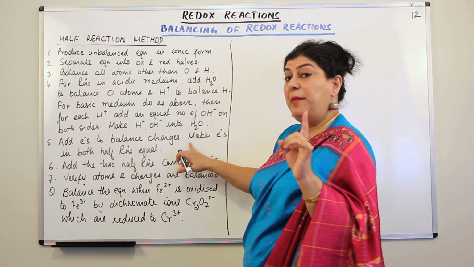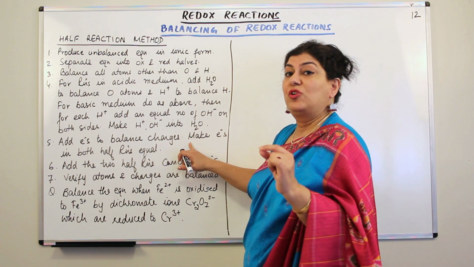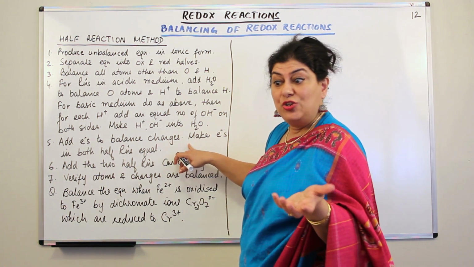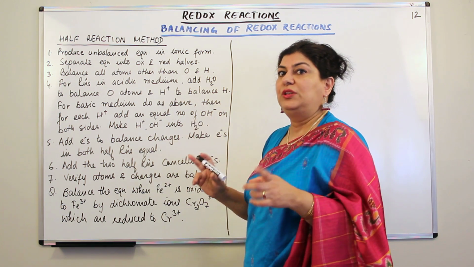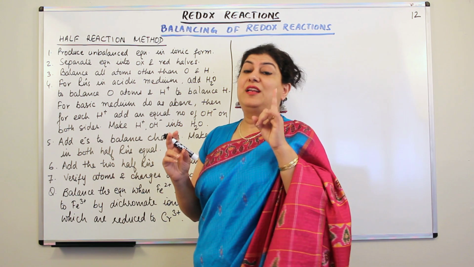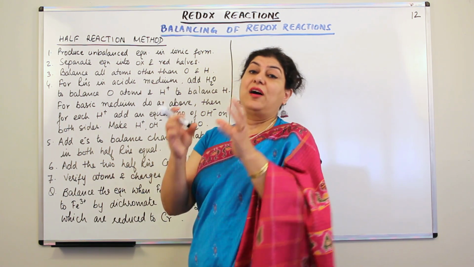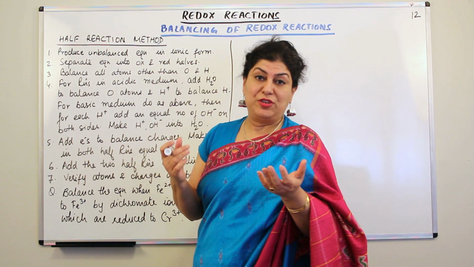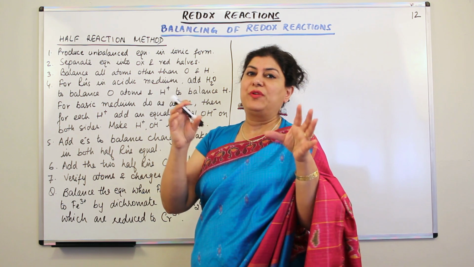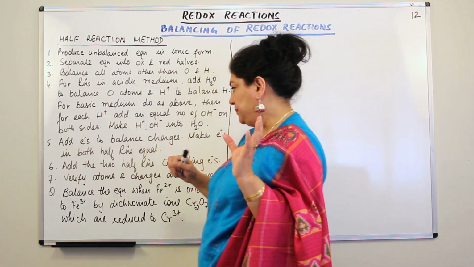Now, remember, in reduction and oxidation, the number of electrons lost should always be equal to the number of electrons gained. So the electrons in both the half reactions, whatever is getting oxidized or reduced, the number of electrons should be the same. In order to do that, that half reaction which has lesser number of electrons, you will multiply the whole reaction with that stoichiometric coefficient, which is the difference between the number of electrons.